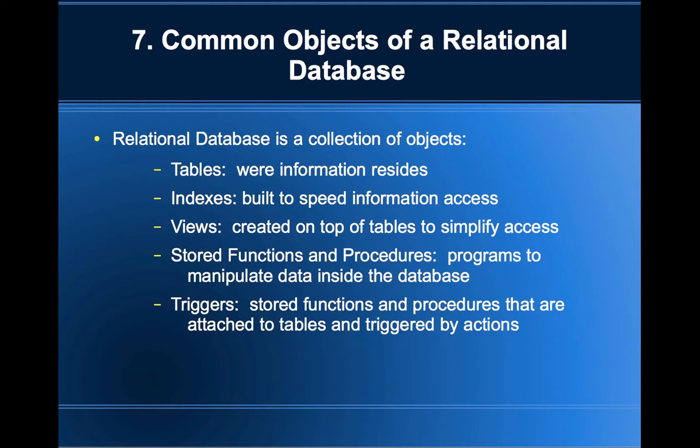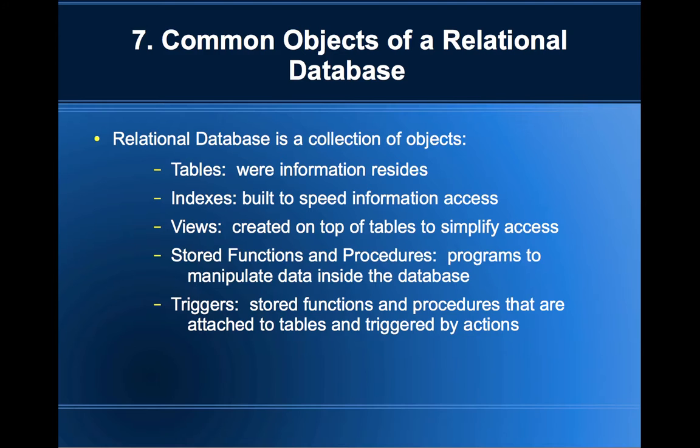Another object within a database is stored functions and procedures. Those are programs that reside in the database, and they allow you to manipulate the data within the database. There are also triggers, and triggers are very important. Triggers are really stored functions and procedures that are attached to a table, and they are triggered by certain behavior.